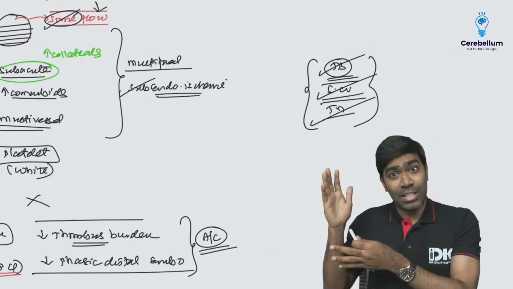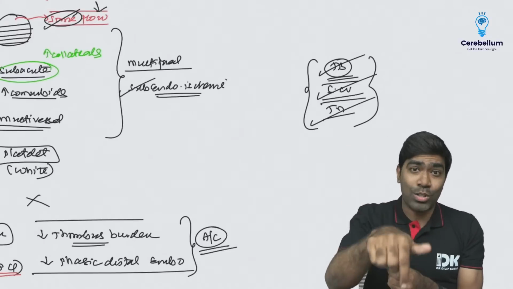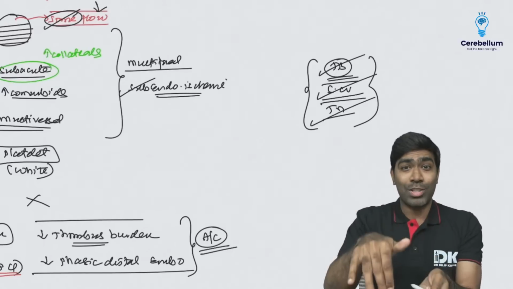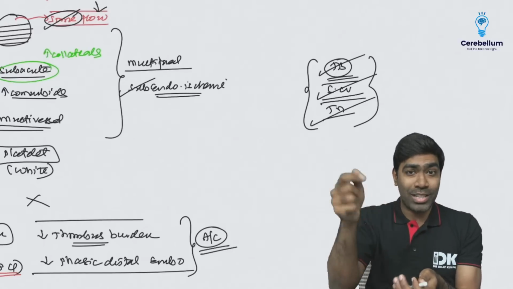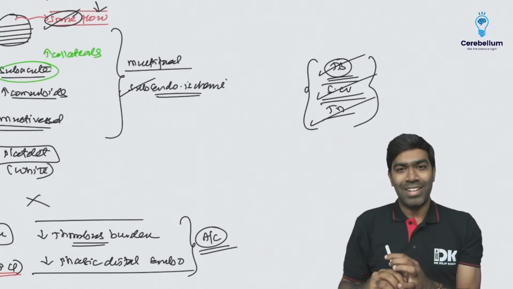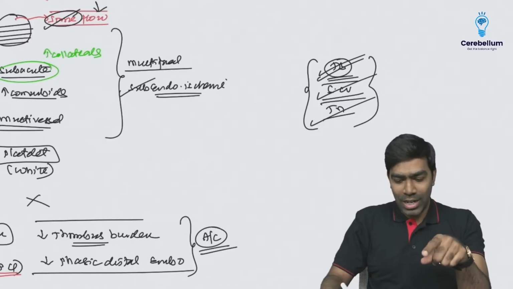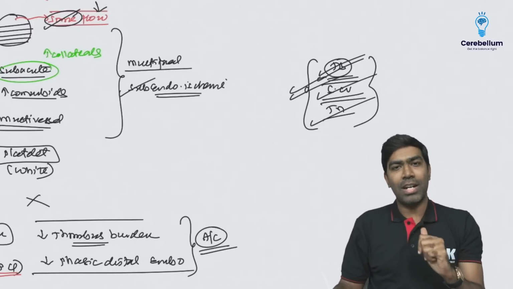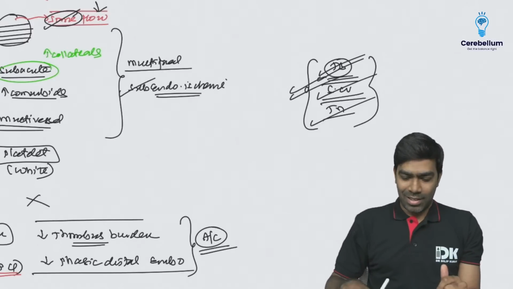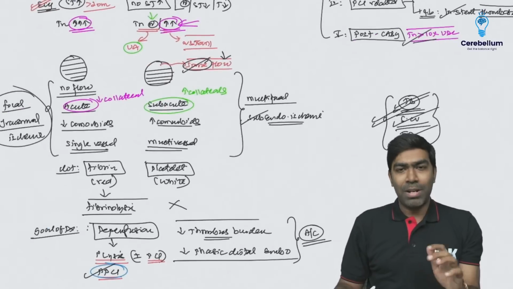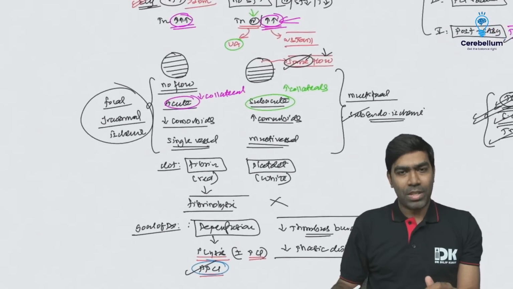Look at the Seattle score for graft versus host disease. In that also you'll have total bilirubin. Look at the SOFA score, not the qSOFA, the original SOFA score. There also you'll have total bilirubin. So that's very, very important. It will be there in almost all the scores. These are all independent predictors of survival and death. That's why these are extremely important to understand for the exam.